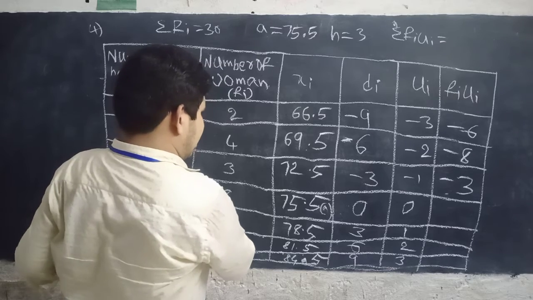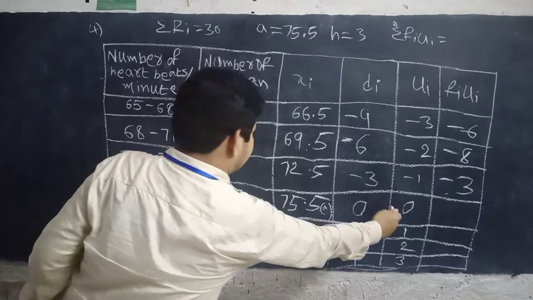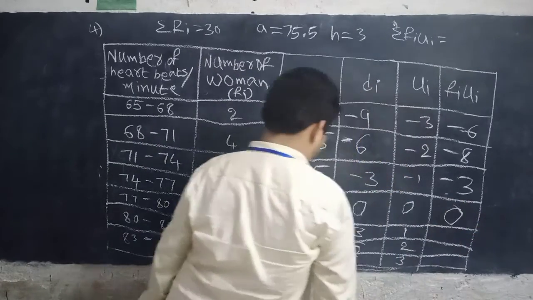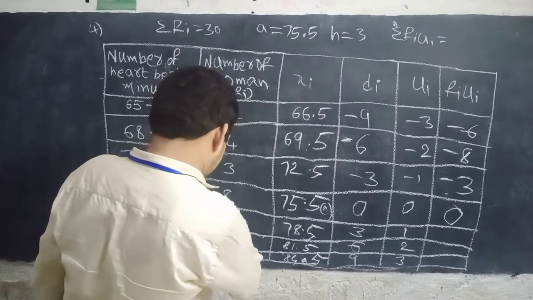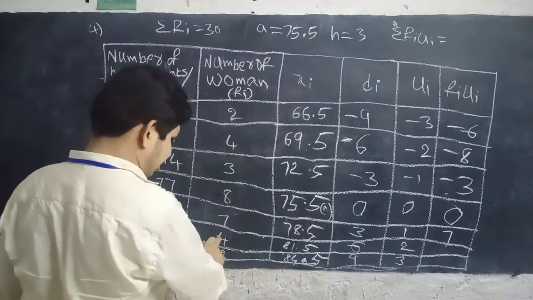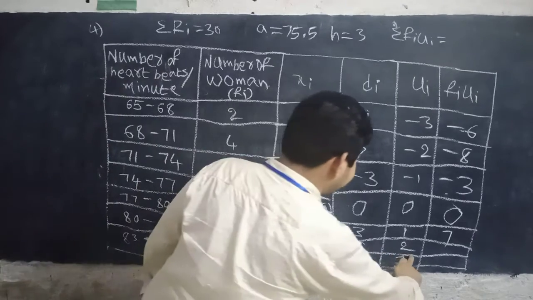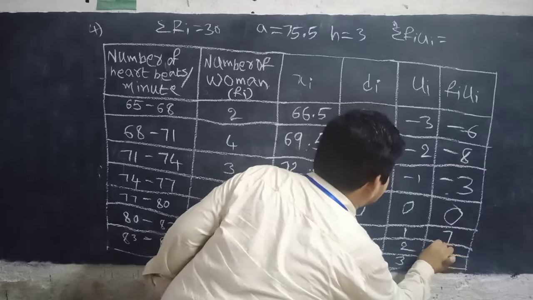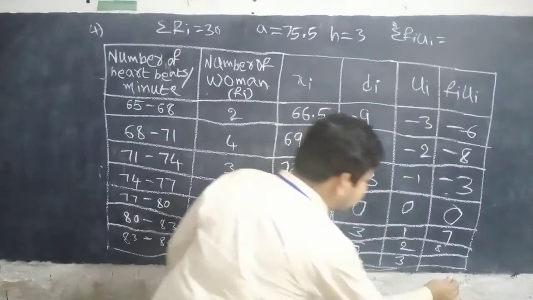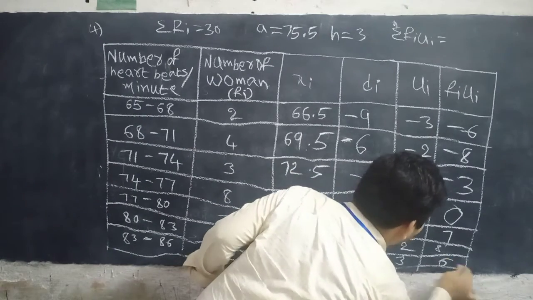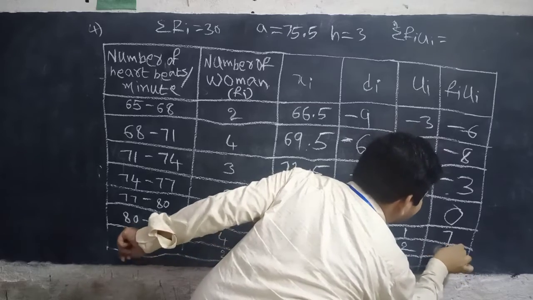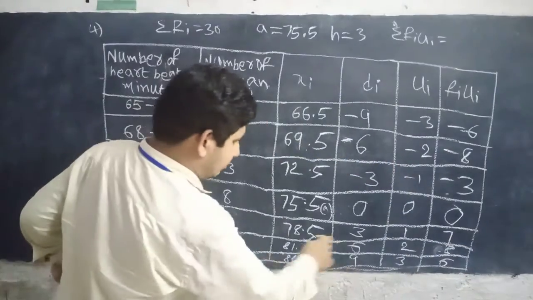Next 8 into 0 is 0. Now 7 into 7... 4 into 8... 2 into 6. Okay.